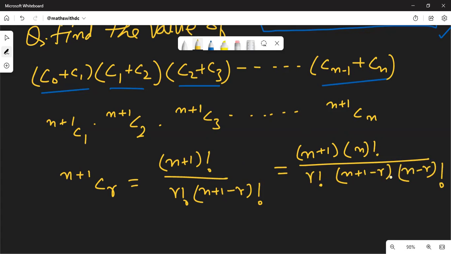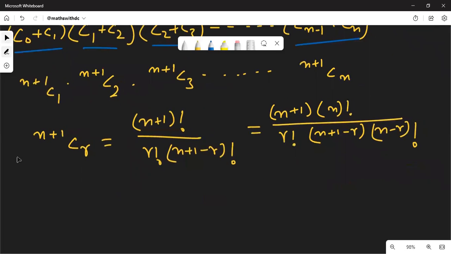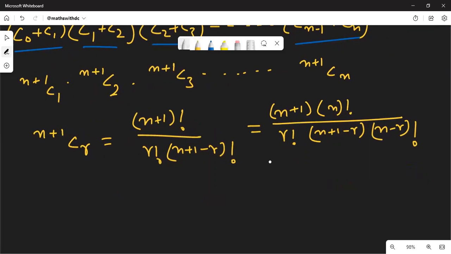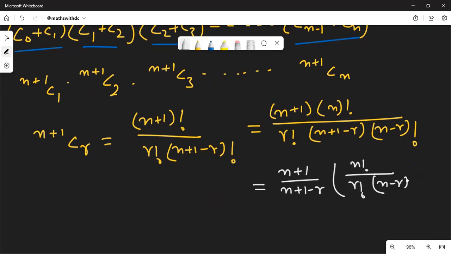Now look, n factorial by r factorial times n minus r factorial can be written as nCr. Means here, if you take away this n plus 1 divided by n plus 1 minus r outside, inside you have nCr. Look, what is left? n factorial divided by r factorial times n minus r factorial. This is nCr.